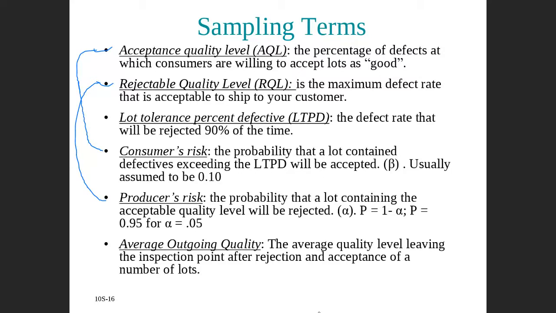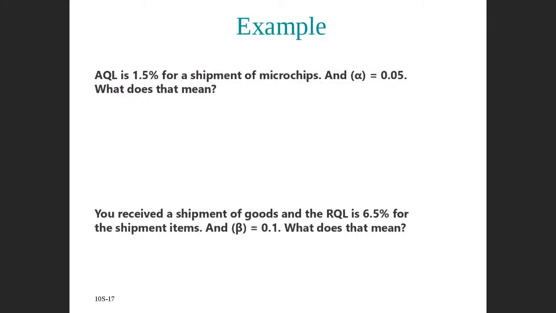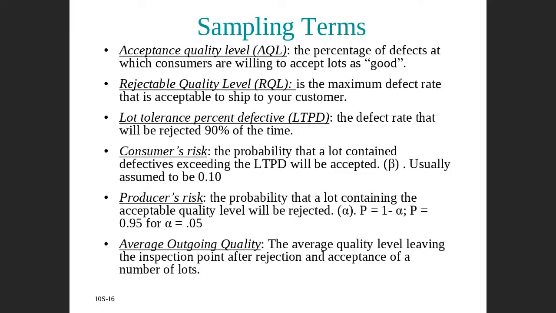Let's see, the examples will make things clearer and make more sense to you after you see them. Let's start with this example, we have two examples here. He gave you the AQL. That's why you need to memorize those terms and understand them very well when you answer the questions.